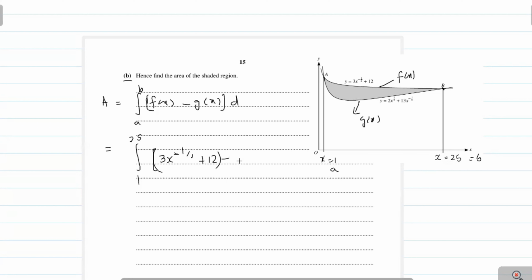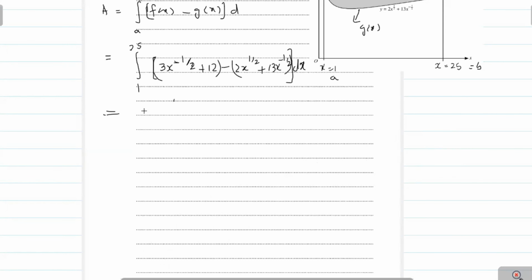G of x is 2x power 1 over 2 plus 13 into x power minus 1 over 2, and we write dx here.